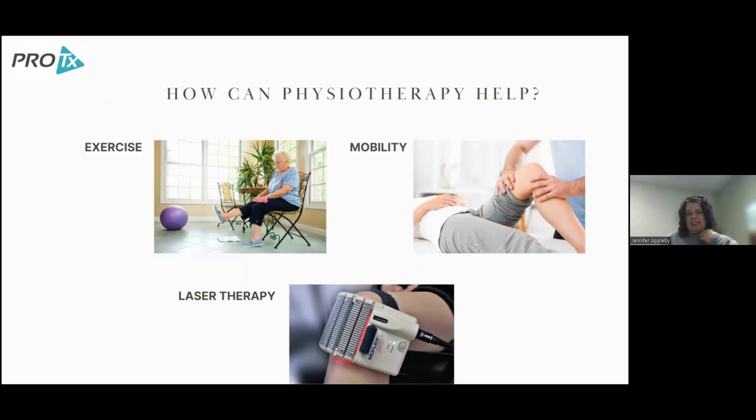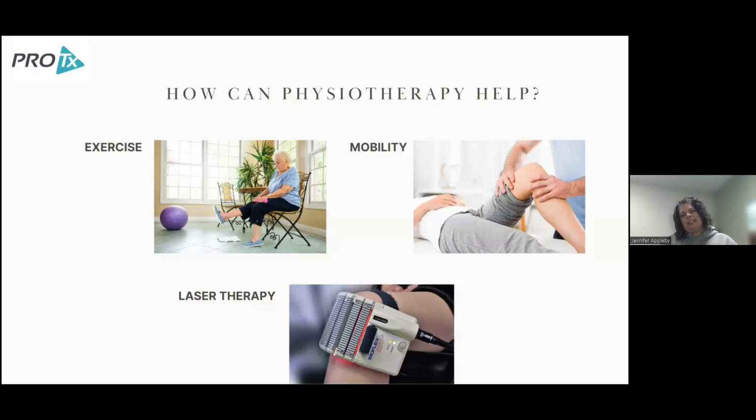There's lots of research out there stating that low impact activity can actually help improve your quality of life with a diagnosis of knee OA. A lot of people are nervous to exercise because when I do activity, it hurts.